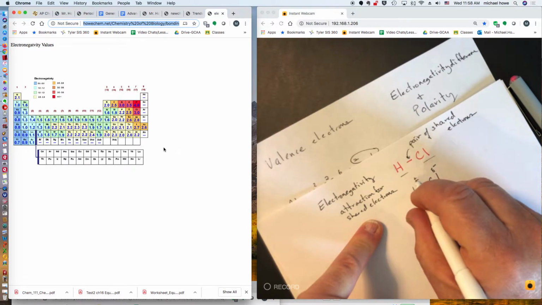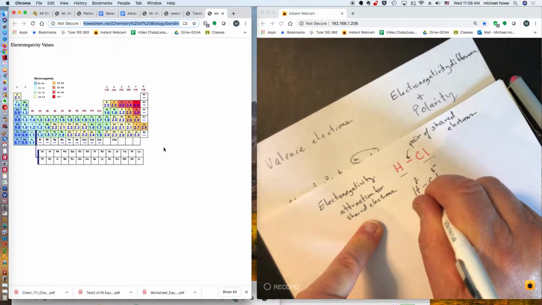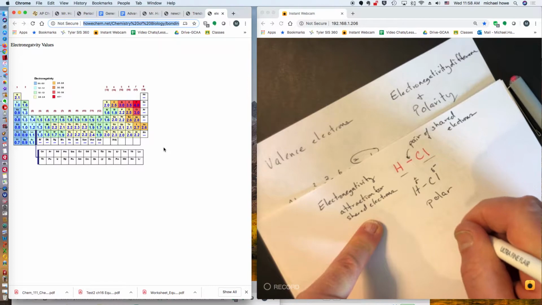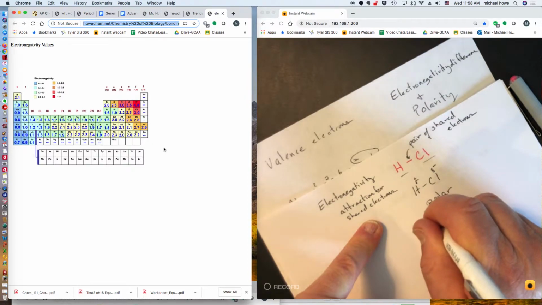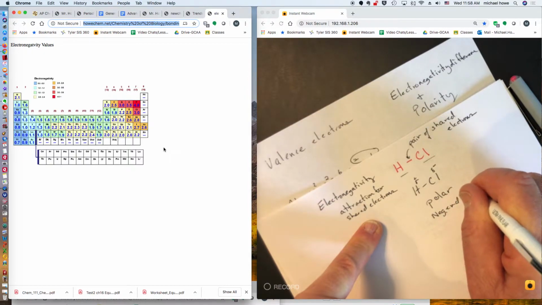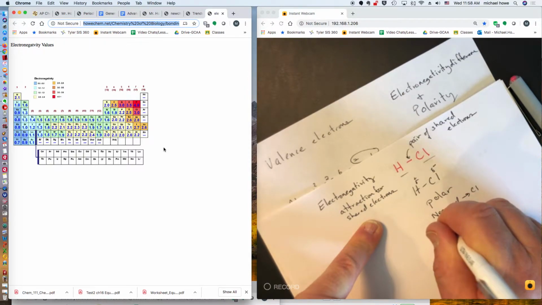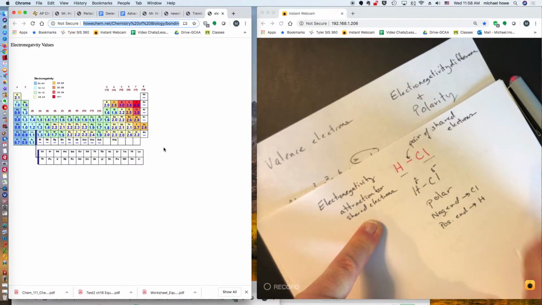It has a positive pole and a negative pole. It's a polar molecule. It's kind of like a little magnet that has a north pole and a south pole. Right? So polar, the negative end is the chlorine, negative end Cl, positive end H.